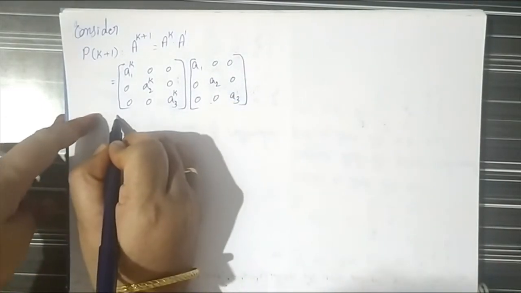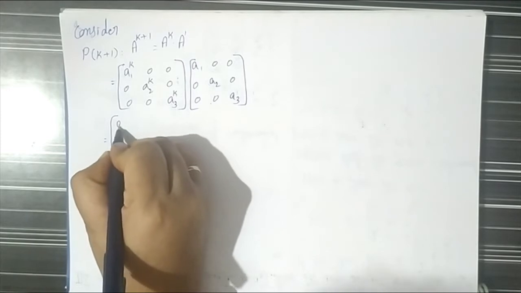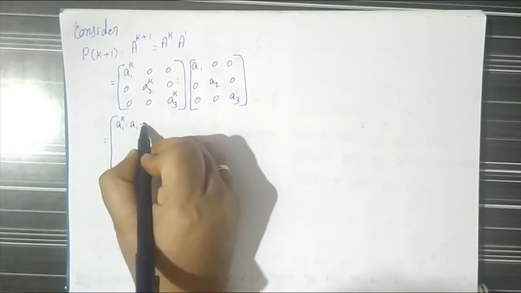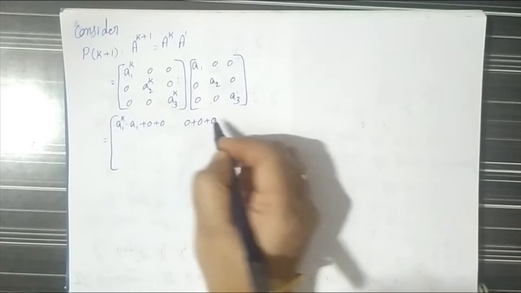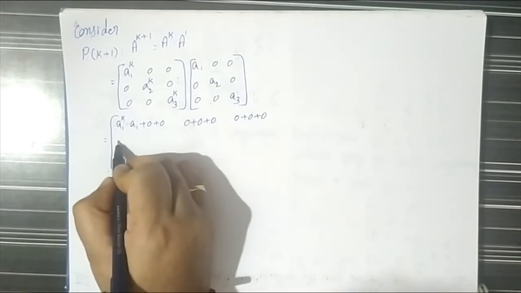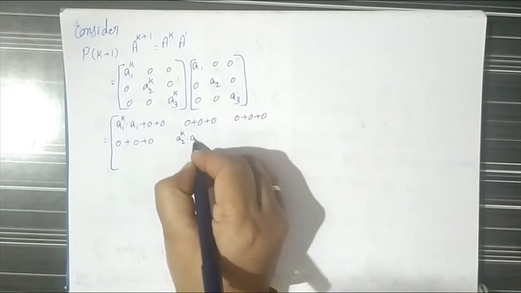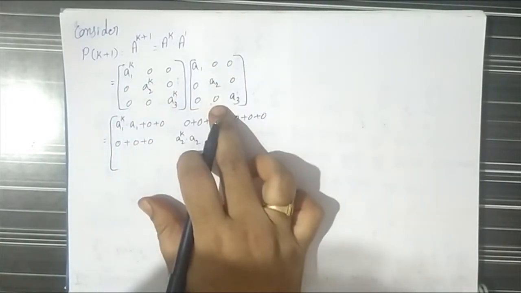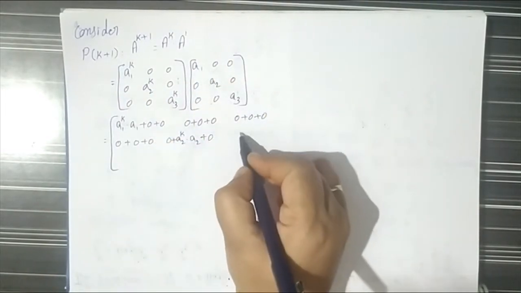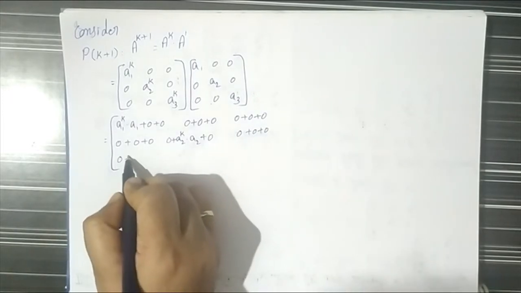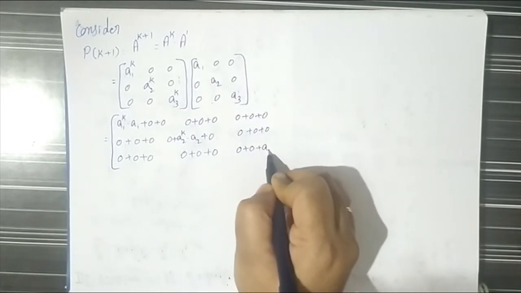Then after multiplication, the first entry is a1 power k into a1 plus 0 plus 0, the off-diagonal entries are 0 plus 0 plus 0, the middle entry is a2 power k into a2, and the last entry is a3 power k into a3.